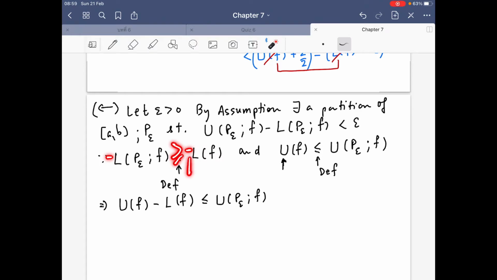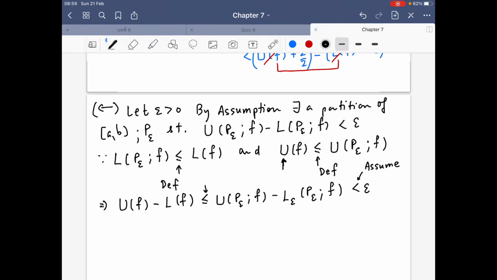So it means that the negative of the lower integration is smaller than the negative of your lower sum of this partition. So it means that you got this relation, right? The same inequality here. However, this one, from the assumption, it is less than epsilon.